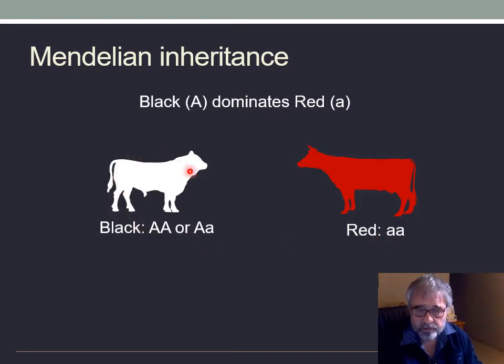So if an animal has a black coat appearance, it could either be because it's carrying both sets of the black gene, or it can carry the black gene and the red gene. But because the black gene is dominant over the red gene, it will not be possible to observe or to distinguish between a carrier and one that will breed pure black animals.